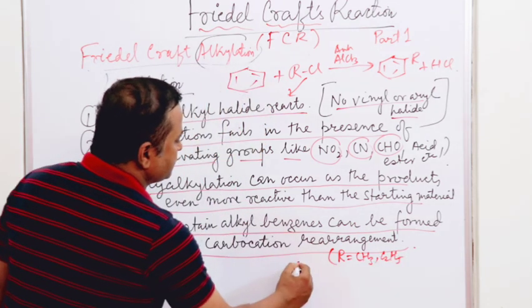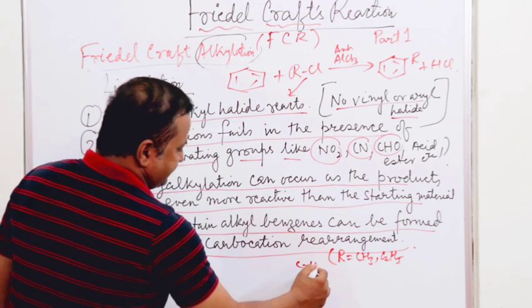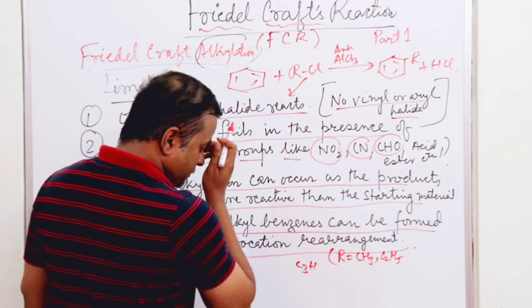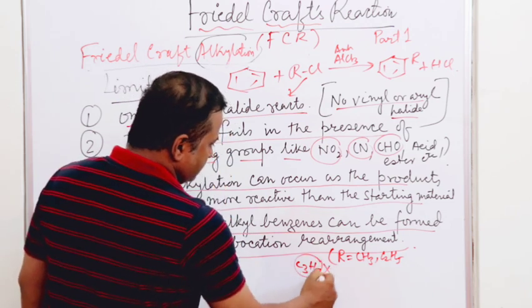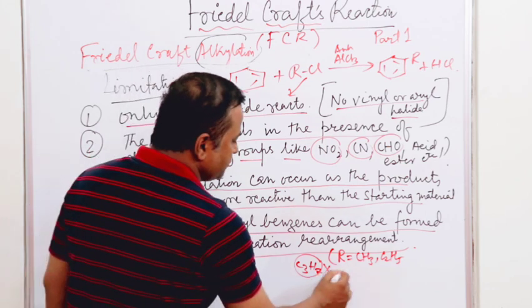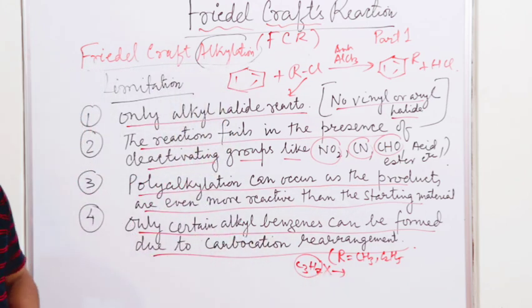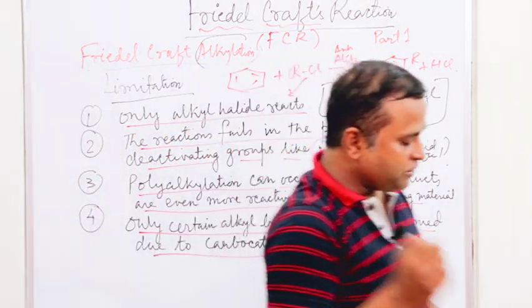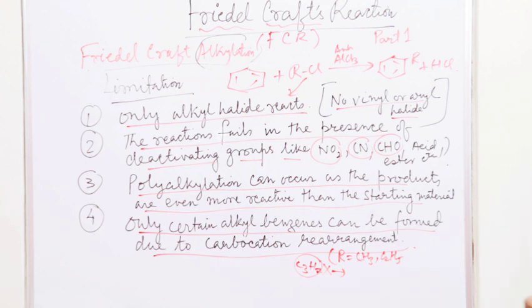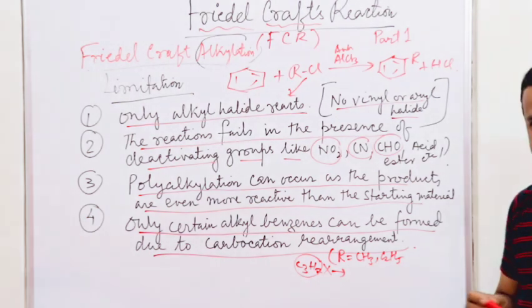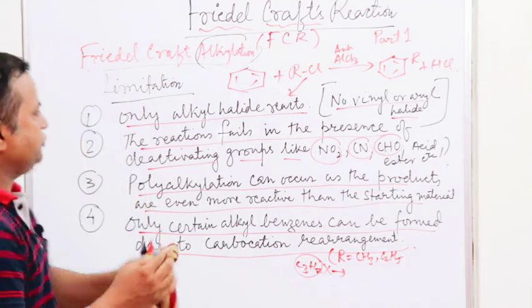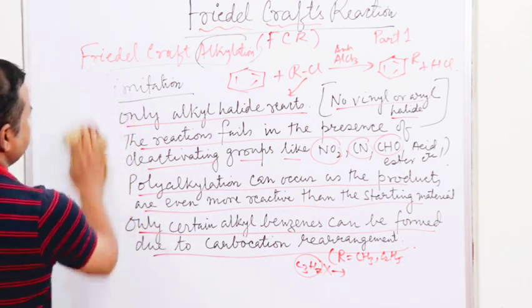If you are trying to introduce C3H7, it cannot be introduced because there will be carbocation rearrangement. So these are the limitations of Friedel-Crafts alkylation. You please note down, and then we will proceed towards Friedel-Crafts acylation reaction. I hope you have written this, so let me rub and continue with Friedel-Crafts acylation reaction.